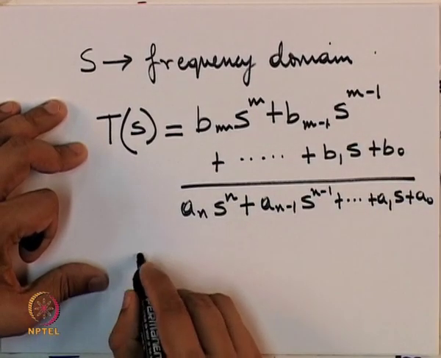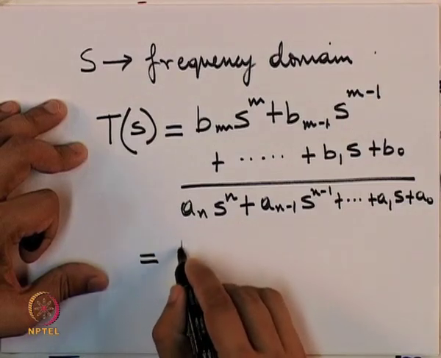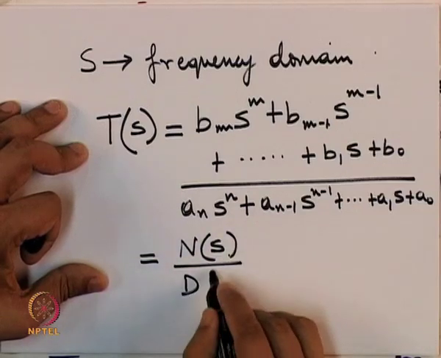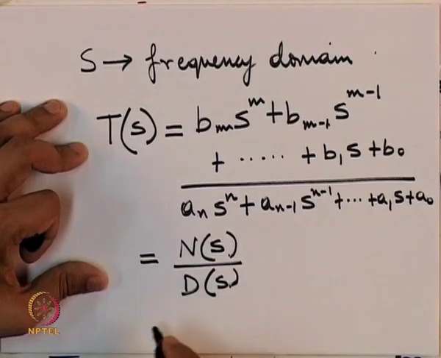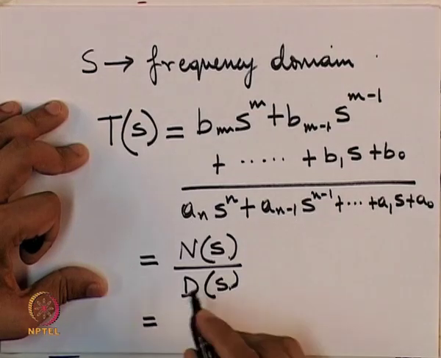An alternative way of writing this transfer function could be, so we have a numerator function and a denominator function, and instead of writing it like a polynomial, we can write it in a factorial form.